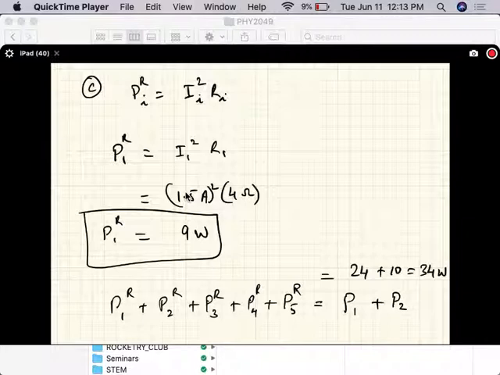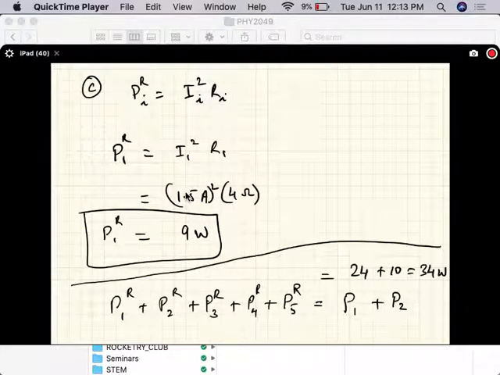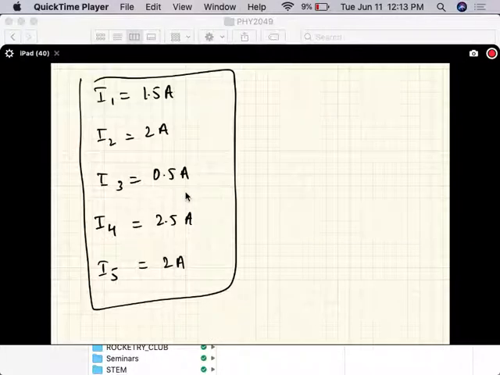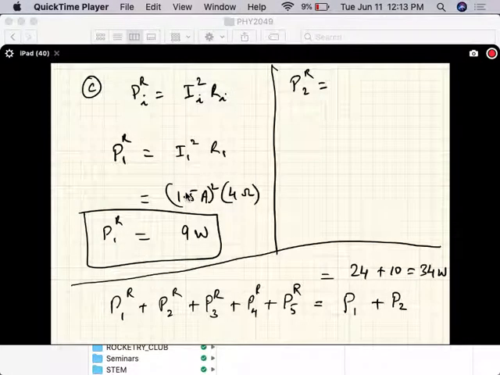Okay, let me actually verify this for you guys. We've done P1, let's do P2R. Help me out, I2 is 2 amps, 2 amps squared.